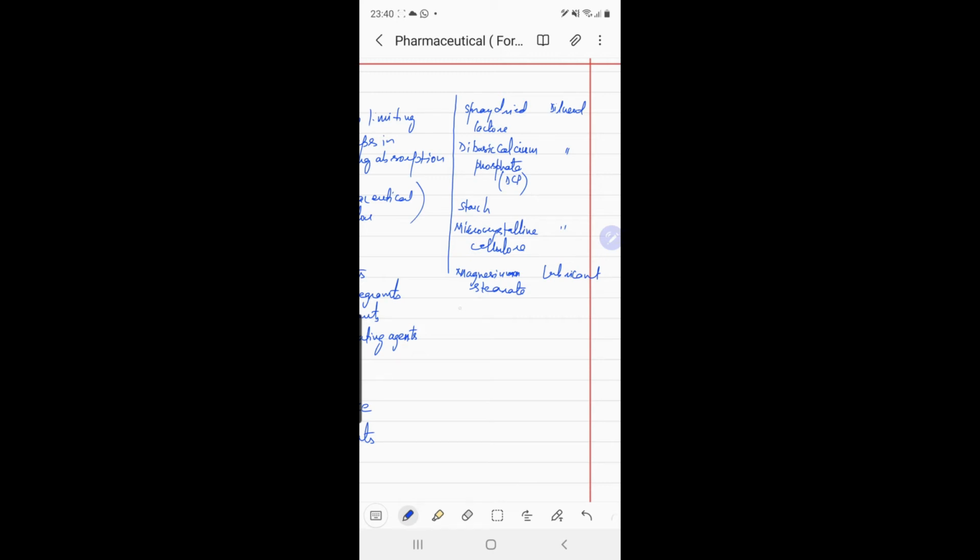All lubricants are fatty acid in nature, so they always show water repellency. But nowadays, instead of magnesium stearate, sodium stearate is also available, which is a water soluble type of lubricant and does not affect the wetting of such drug products.